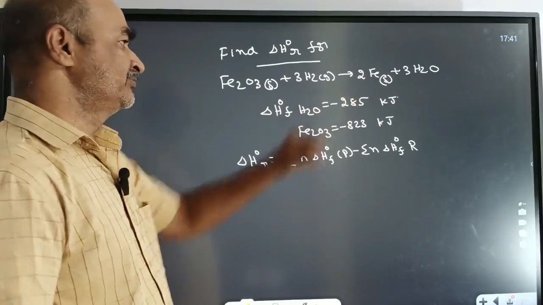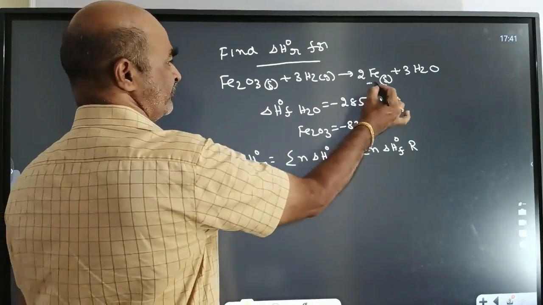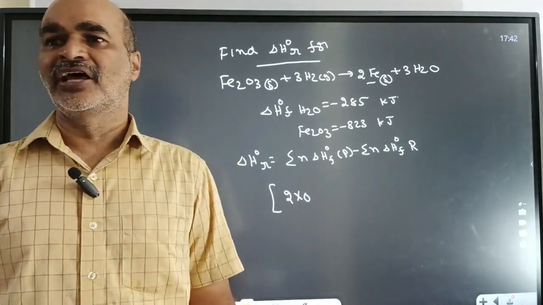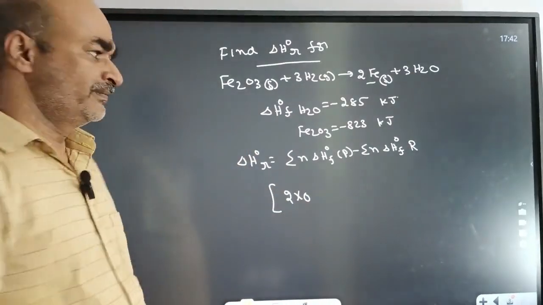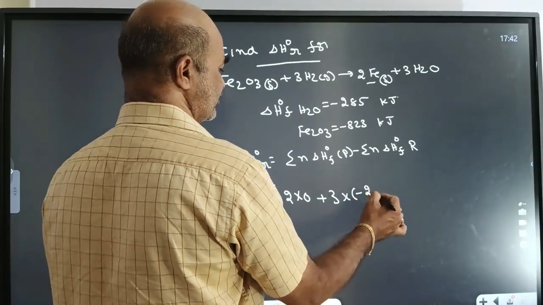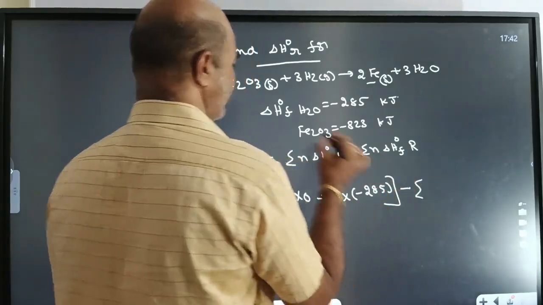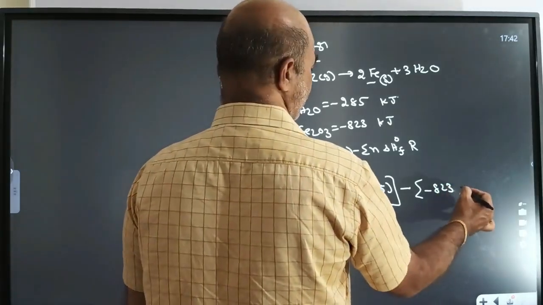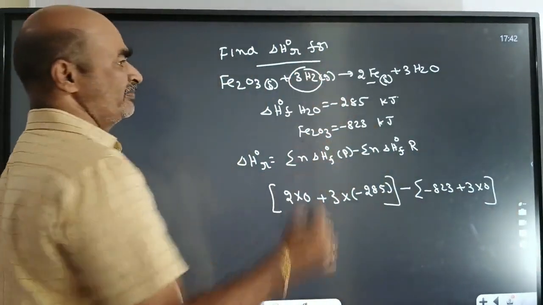For the products, 2 into 0, because Fe is an element. For elements, the enthalpy of formation is equal to 0. So 2 into 0 plus 3 into minus 285 kilojoules, minus the reactants: for Fe2O3 minus 823 kilojoules, plus 3 into 0, since elements have zero enthalpy of formation.